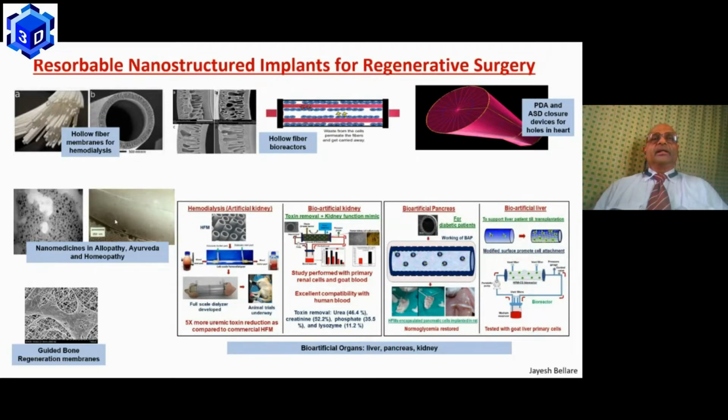We also have been looking at similar nanoparticles which arise in alternate medicinal systems such as Ayurveda and homeopathy. This has been highly cited and draws a lot of attention even today.